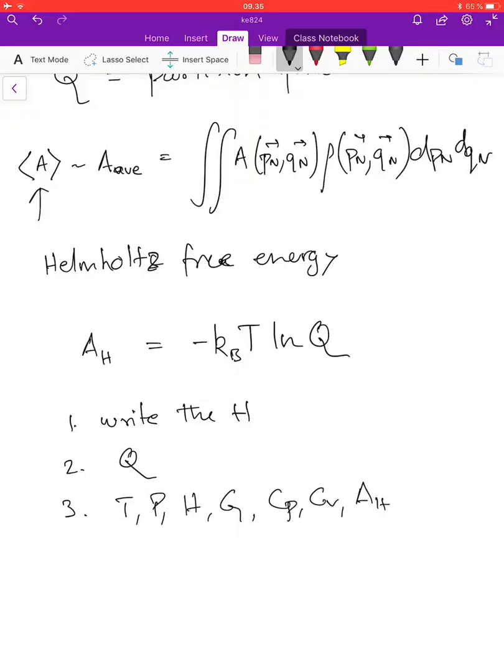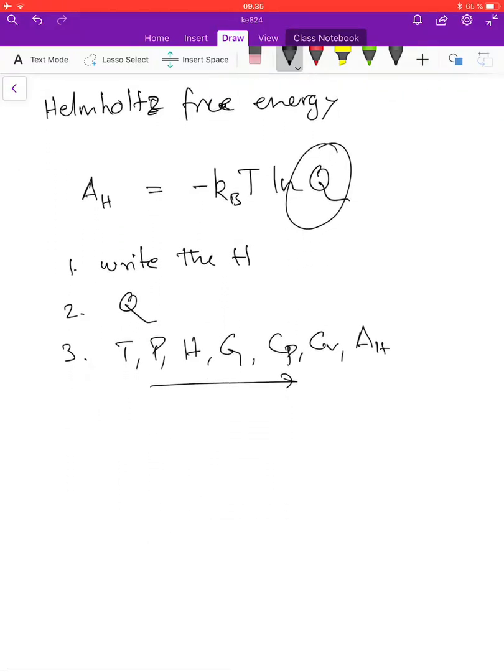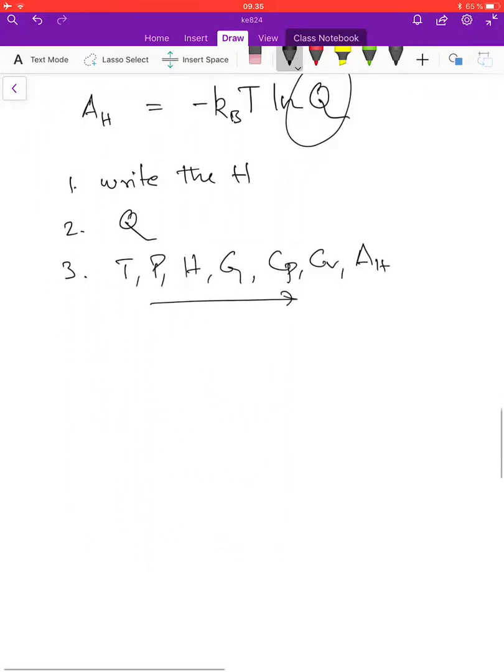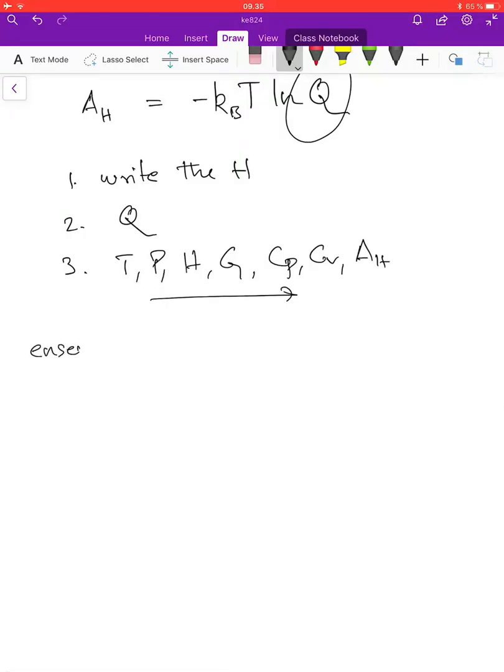It turns out that in practice, one does not need to actually calculate Q to calculate all of these. All right. So this average that we are talking about here for any macroscopic observable A is what is called the ensemble average, because it is obtained from the analysis of an ensemble of identical systems.